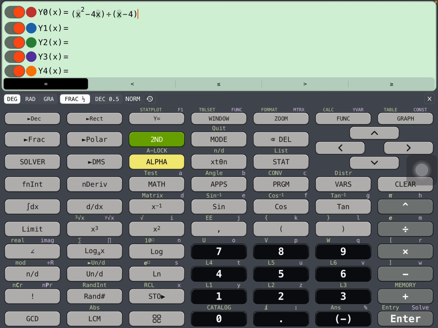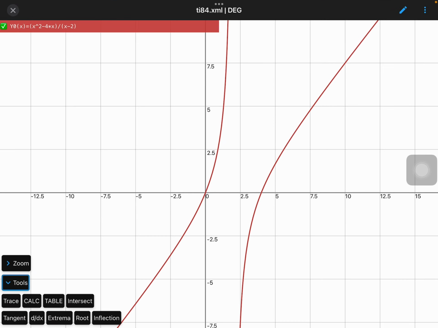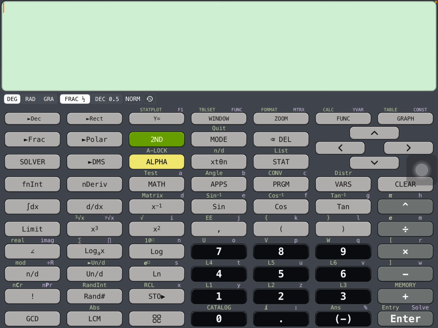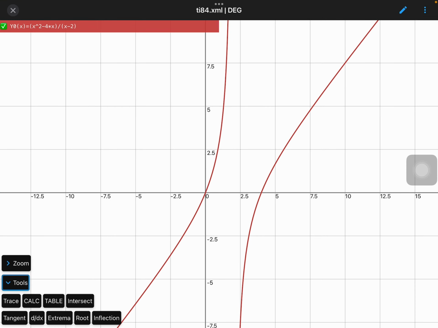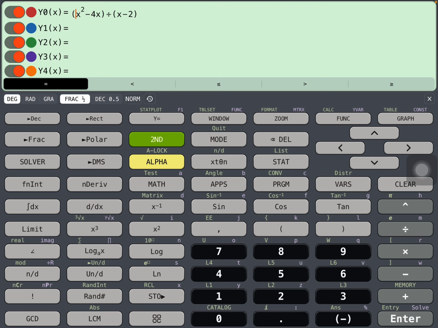And we'll see another removable discontinuity there. No, let's do x minus 2. So we won't have any horizontal asymptotes there. Oh, because the degree of the numerator was greater than the degree of the denominator.